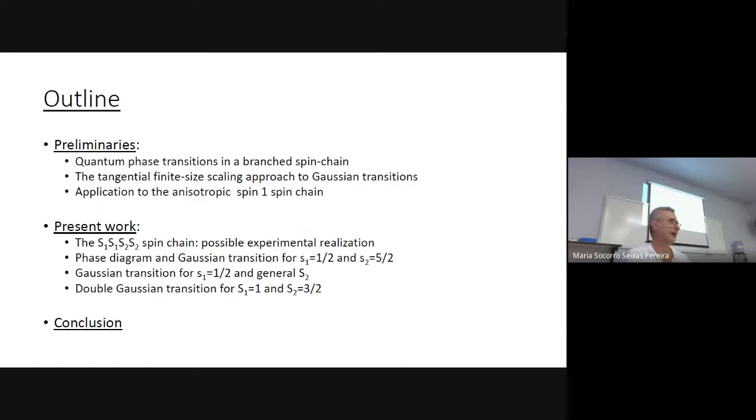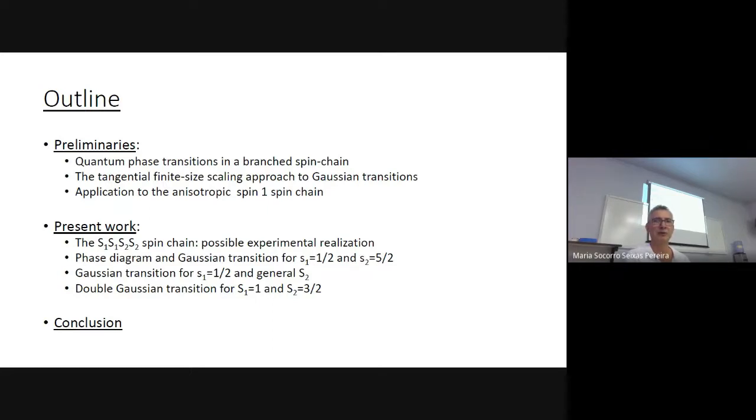Here's a brief outline of what I'm going to show you today. Some preliminaries, where we are going to stress a couple of recent contributions that we did along this line. The first one is a study that we performed on a branched spin chain model that has some very interesting quantum phase transitions.